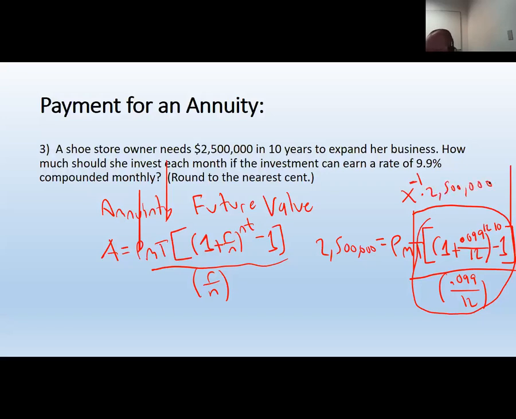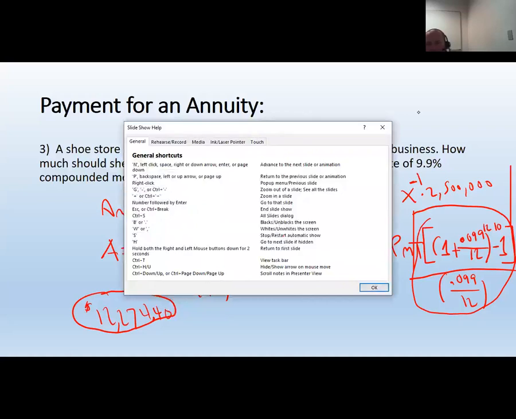So if I do all that on the calculator, the 12 times 10 is to the 120 power. You do that whole right side, then press the X to the negative first button and multiply by 2,500,000. And I end up with $12,274.40 as the monthly payment that would generate that amount in 10 years. All right, does anybody have any questions?